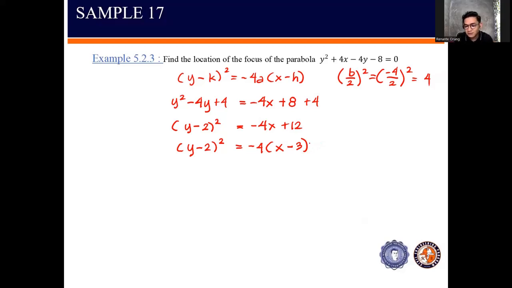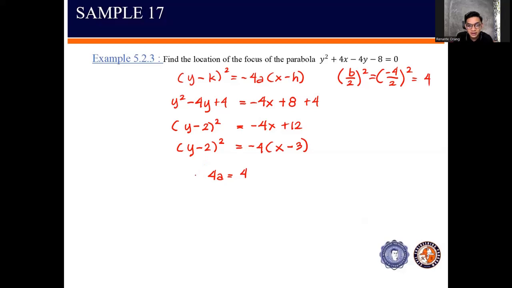So, take note lang, if this is our standard equation, then yung hinahanap natin is yung focus, di ba? Yung focus natin is first yung A natin, no? Negative 4a is equivalent to negative 4. Ayan. No? Kasi pag ganito, pag negative, yung ating standard equation is negative 4a.